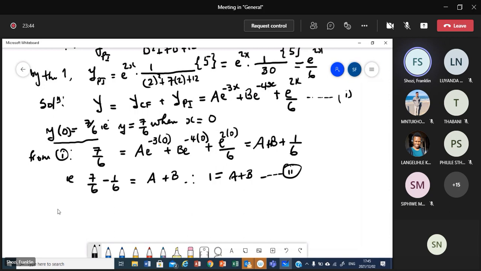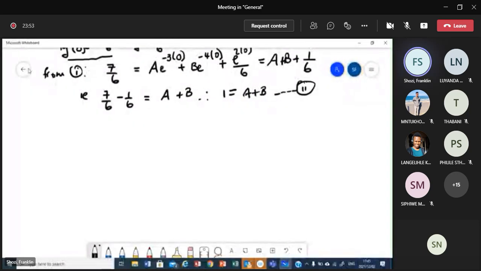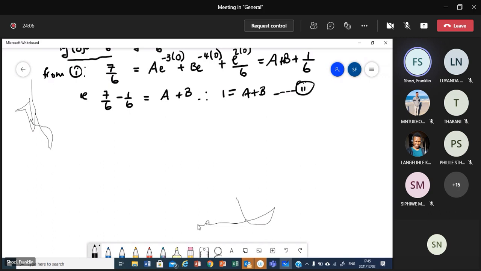But we were also given the derivative. We are given y prime of 0 is equal to minus 5 over 3.